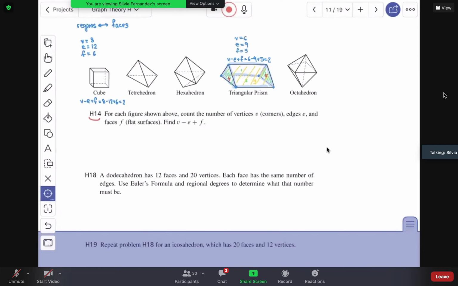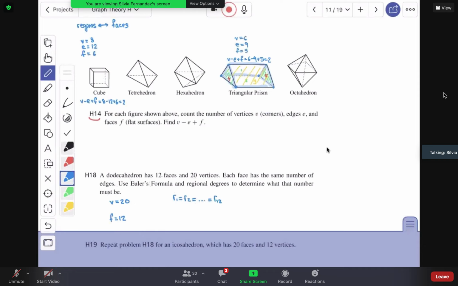So it says a dodecahedron has 12 faces and 20 vertices. So V equals 20, F equals 12. Each face has the same number of edges. So that means that the regional degrees are all the same. So R1 equals R2, and so on. And because there are 12 faces, there are 12 regional degrees.